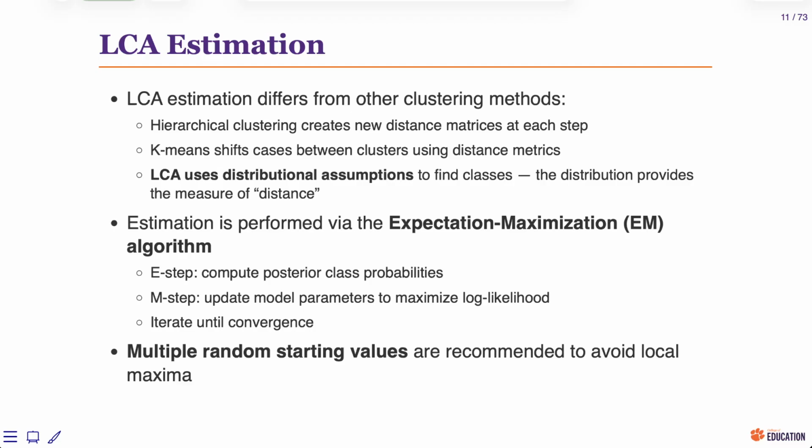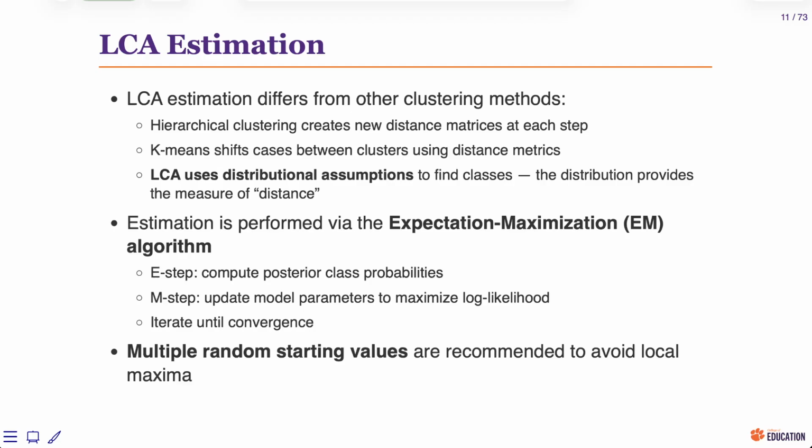EM stands for expectation maximization. It is an iterative algorithm, just like maximum likelihood would be. Within each iteration, we cycle between the E step and the M step. The E step is what we use to create posterior probabilities for each person. The E step allows us to plug in the expected value, in this case, a probability that a person is in each class.